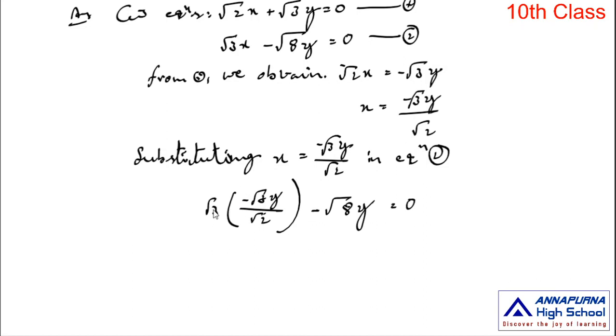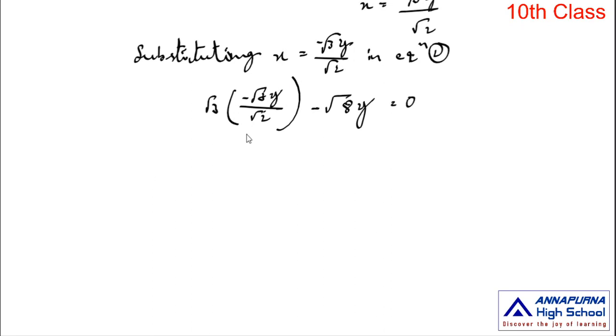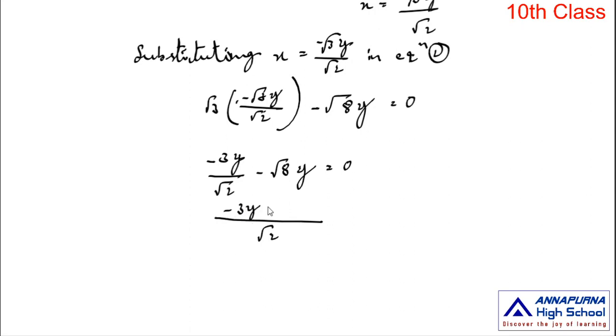When I simplify this, minus root 3 into root 3, 3y by root 2, minus root 8y is equal to 0. So when we find the LCM, root 2 is the LCM and the numerator is minus 3y minus root 2 into root 8, root 16. Root 16 value is 4, so minus 4y is equal to 0.